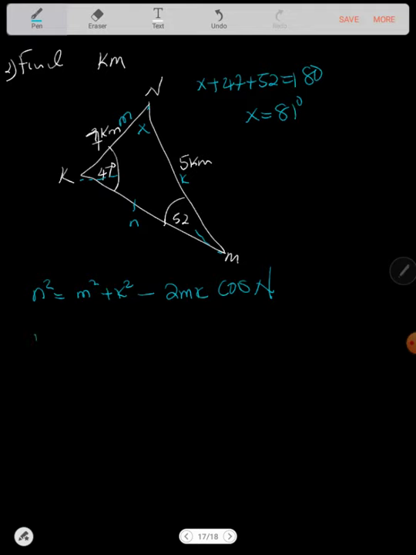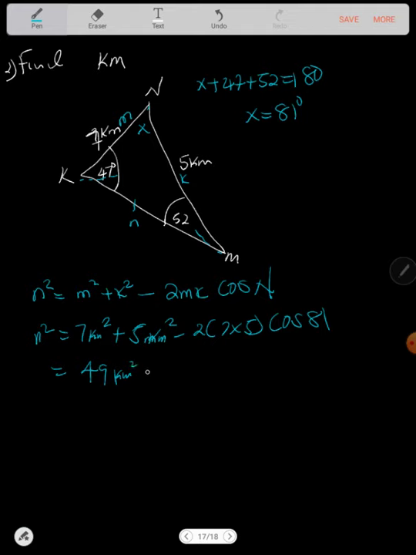So n squared is equal to m, which is 7 kilometers squared, plus 5 kilometers squared, minus 2 times 7 times 5, and cos 81. So this is 49 plus 25, and 7 times 5 is 35, times 2, you get 70 cos 81.